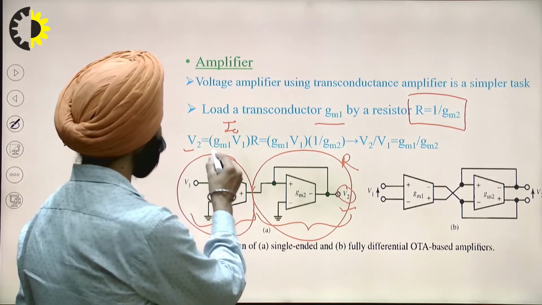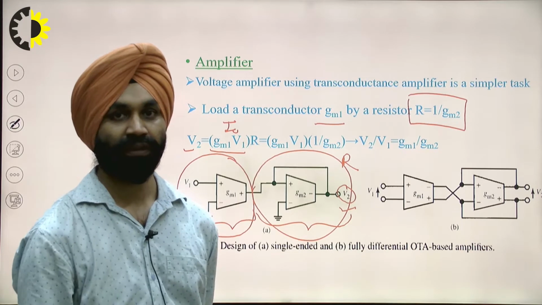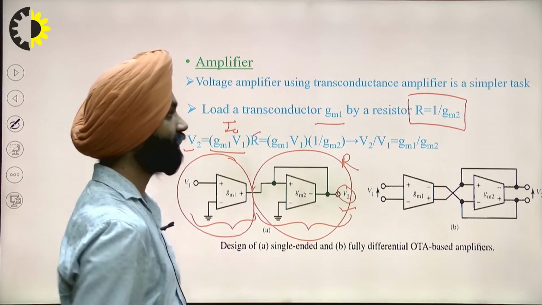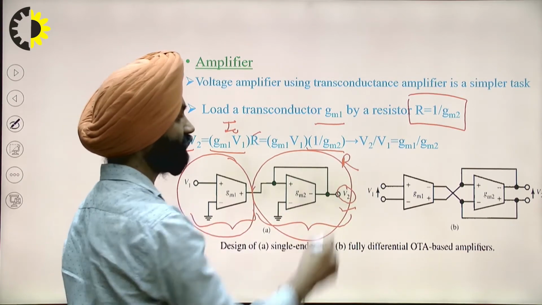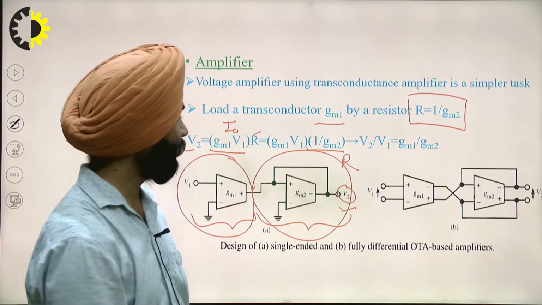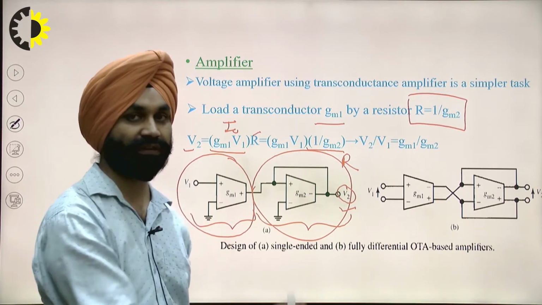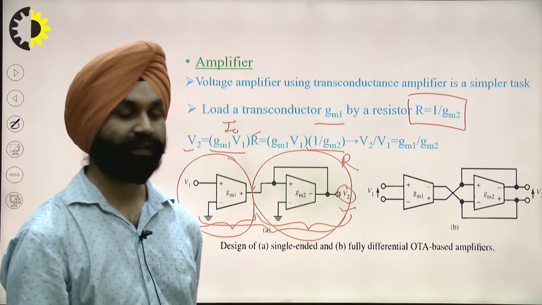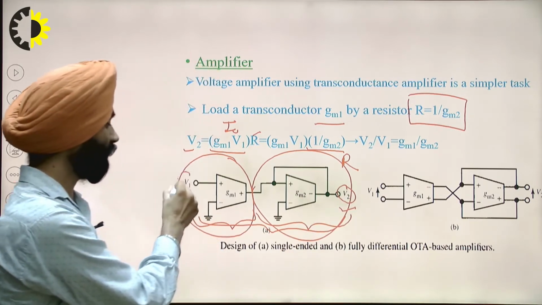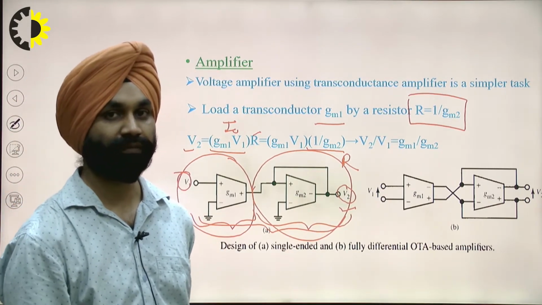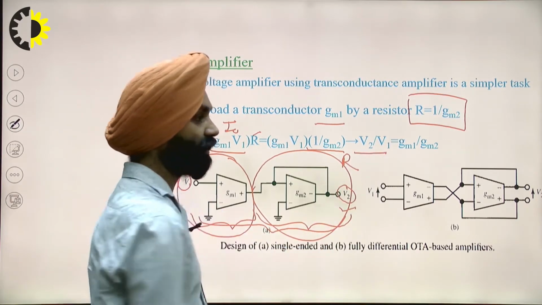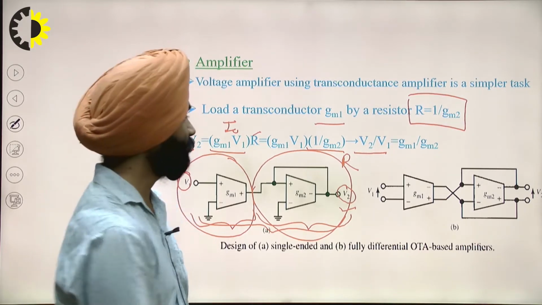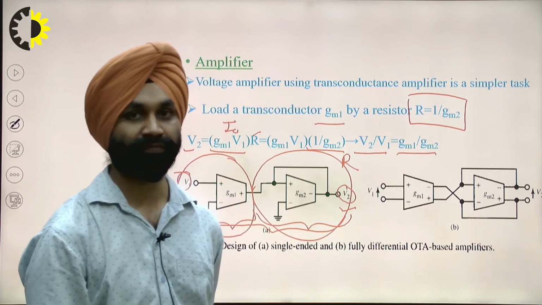Putting the value of I as GM1 into V1, and R as 1 by GM2, the transfer function or gain of the whole circuit, V2 by V1, will be GM1 by GM2.